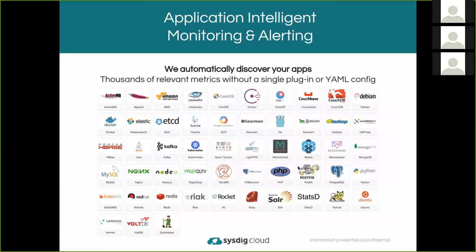This slide here is what we call the logo soup, and it's going to be very useful to give you a taste of how many things we are able to monitor. Some of them, hopefully you are using already. If you are using some that you don't see here, please talk to us, because we are building new integrations every month.